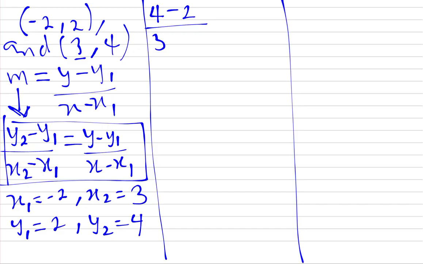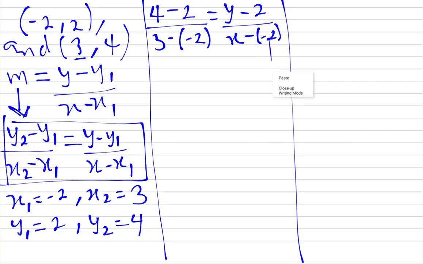And then minus x1 is minus 2. So you need to put that in bracket, minus 2, equals to y minus your y1, 2, over x minus your x1, which is minus 2. Do you get that now? I just input that into our formula. You see that now?